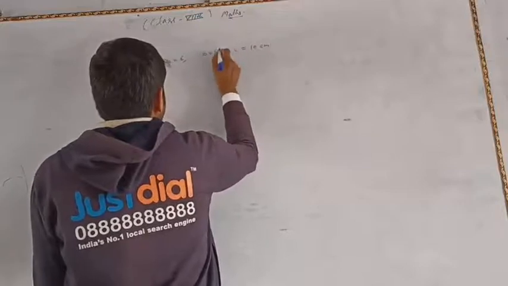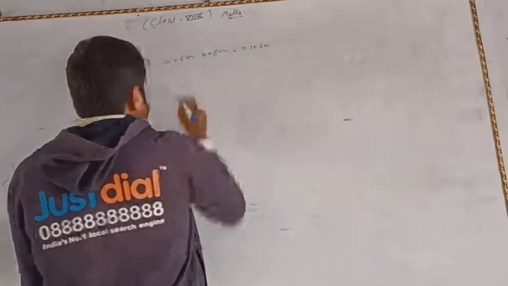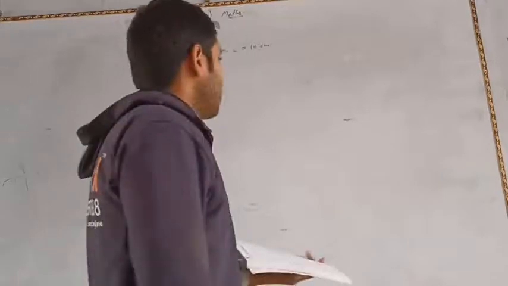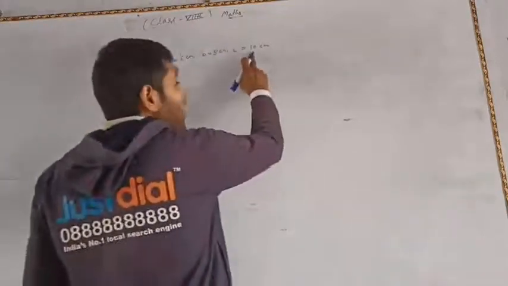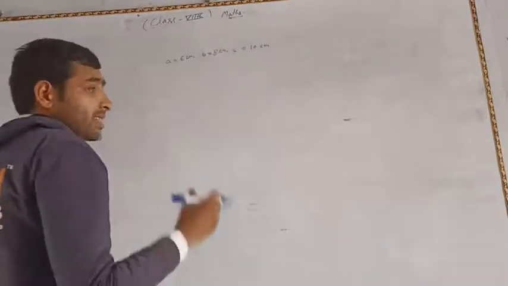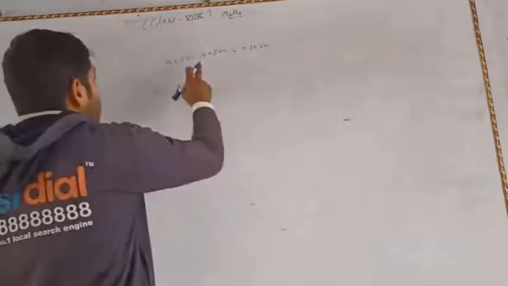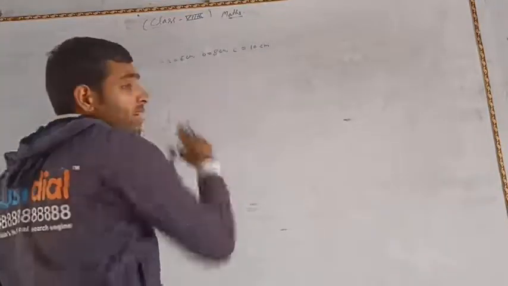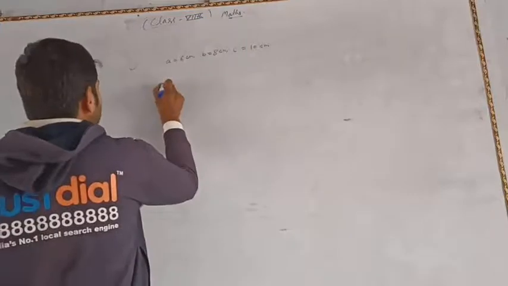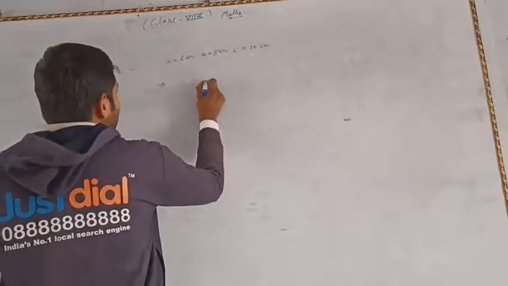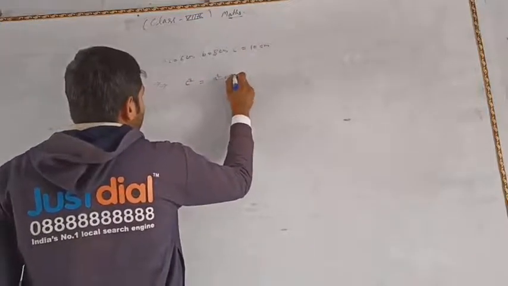First of all, we have to check that the square of the biggest side is equal to the sum of the squares of the other two sides of the triangle. So C square must be equal to A square plus B square.